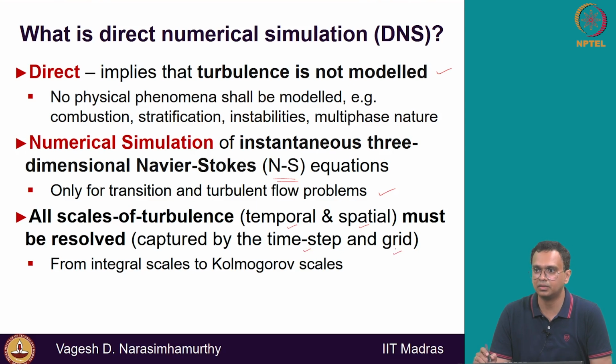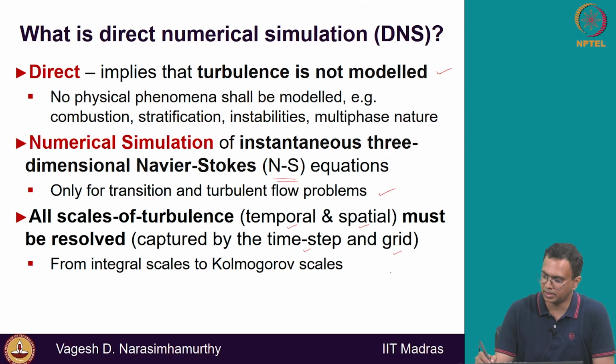This is where the previous lecture will come in handy, where we discussed the smallest scales in a turbulent flow: velocity scale, length scale, time scale, right? The Kolmogorov microscales. So as long as you are capturing those scales in your flow, your simulation will qualify to be called direct numerical simulation.